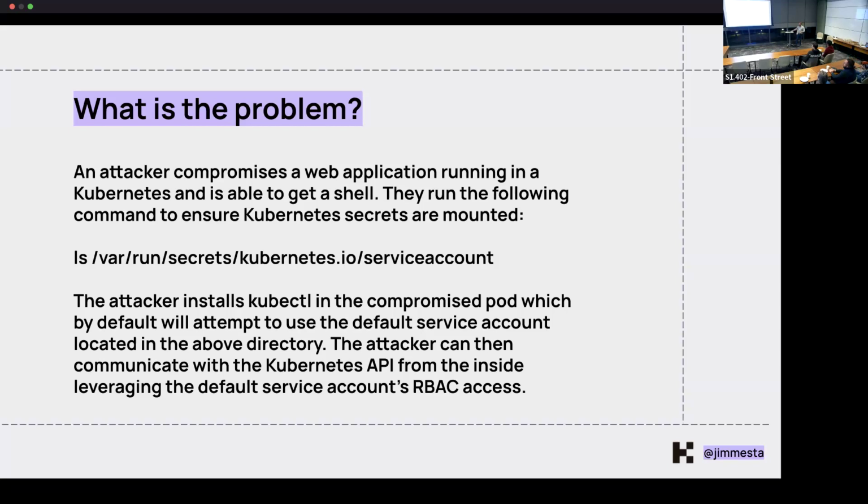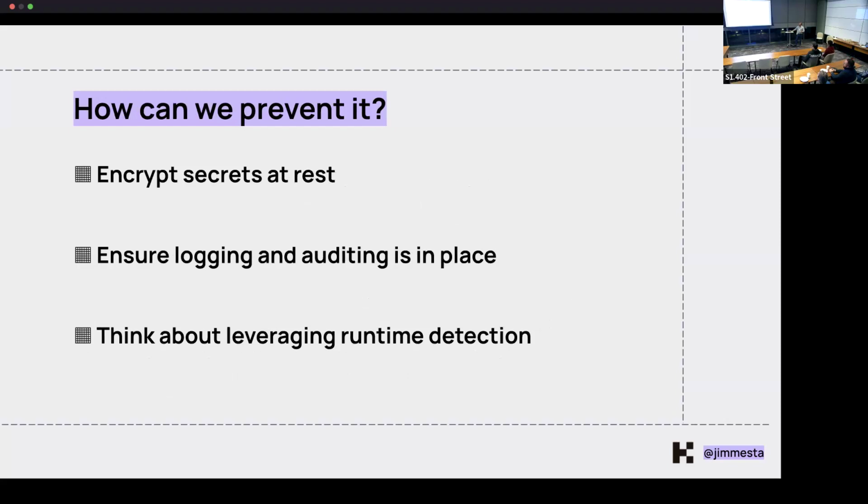I wish I had a better solution, but really the solution is just don't store them inside of Kubernetes if you don't have to. And make sure you're logging who's accessing the secrets, right? Back to those Kubernetes API audit logs. Jeremy's at midnight doing kubectl describe secret production 1 over and over and over again.